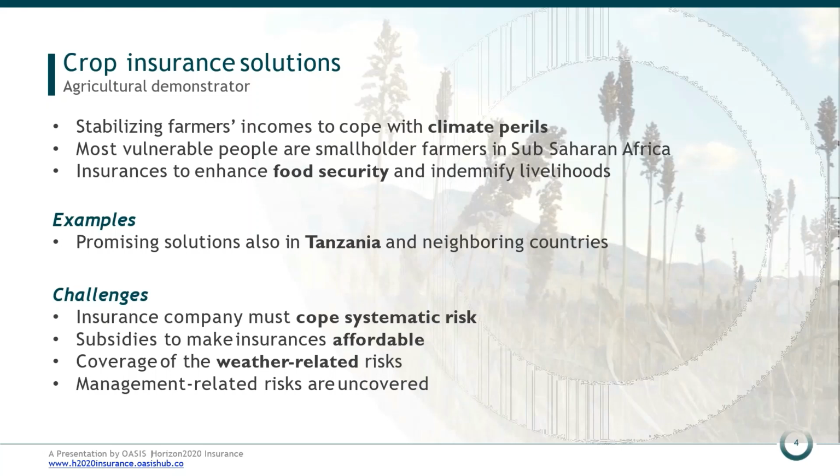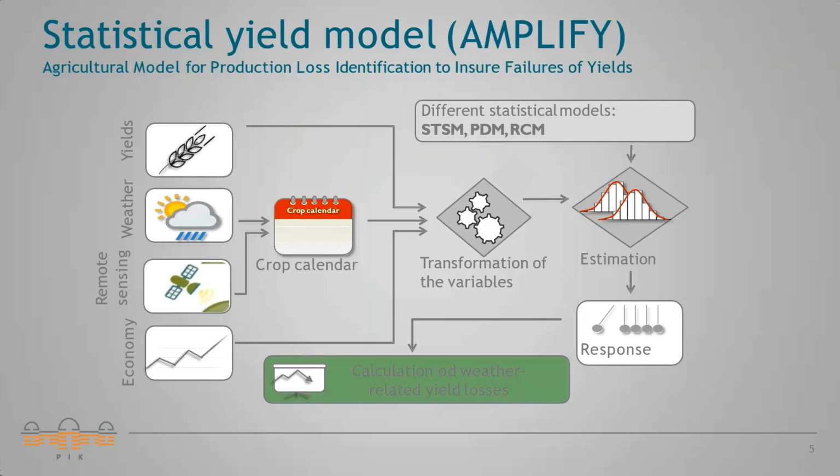And I think here we learn a lot from the scientific improvements in the last couple of years, making these kind of indexes better. So, and this brings me directly to the model we use, because it's designed to contribute an improved insurance index.